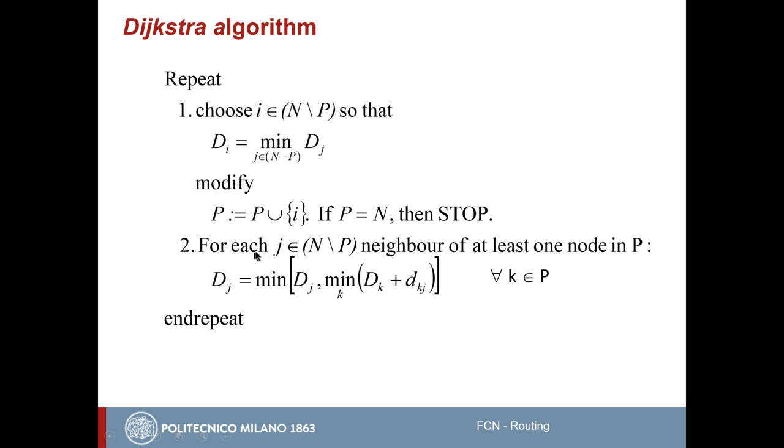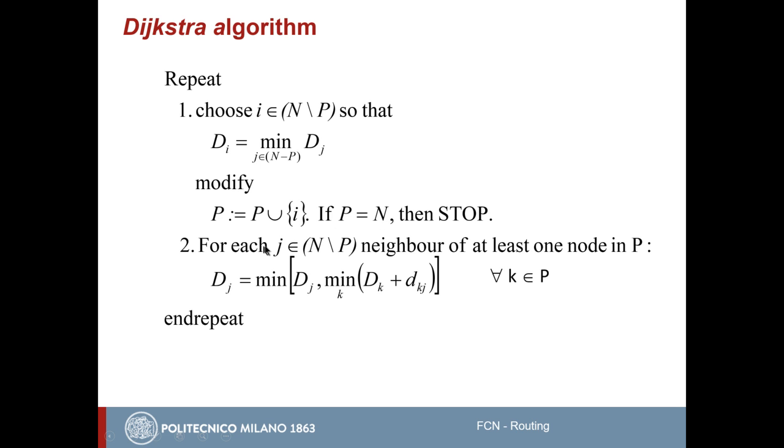And now we have to take all the nodes that are not in P, but they are neighbors to P. Being a neighbor to the set P means that this node J that we are identifying has at least one direct link with one of the nodes in P. Okay, so it's connected with at least one of the nodes in P by a direct link.